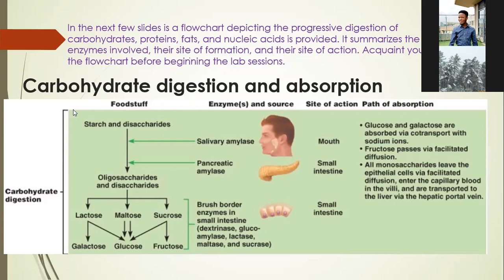You are going to expose it to a starch solution, and given different conditions, whether it is temperature, pH, and the amount of enzyme, or you denature the enzyme, you are going to expose a substrate to the salivary amylase. You are going to test for starch before the experiment or after the experiment.